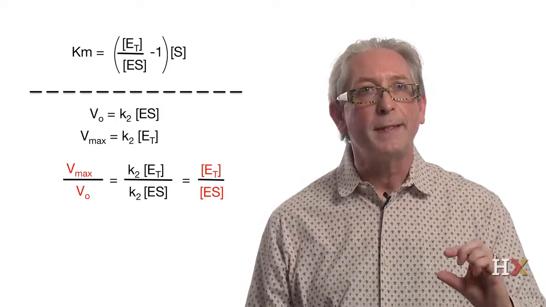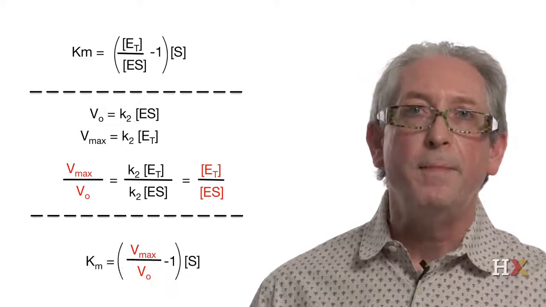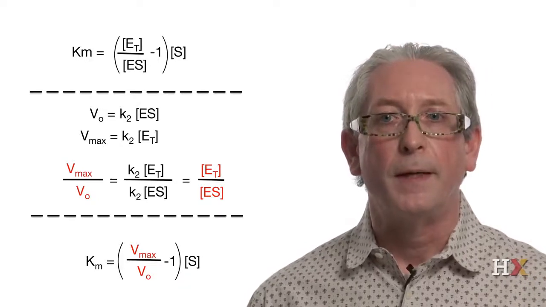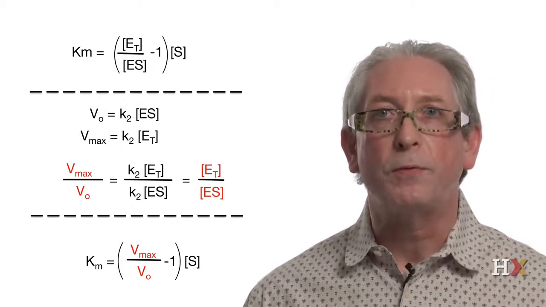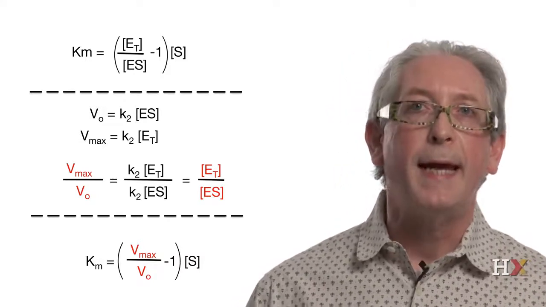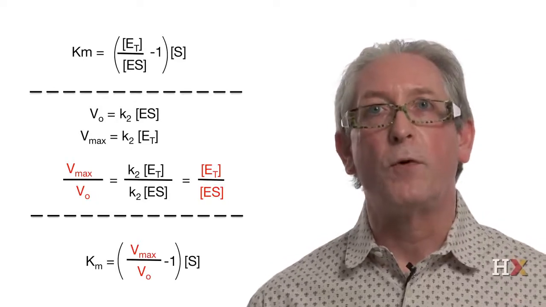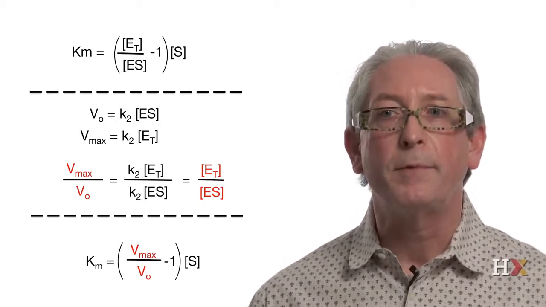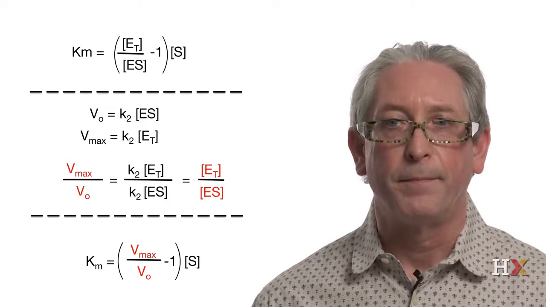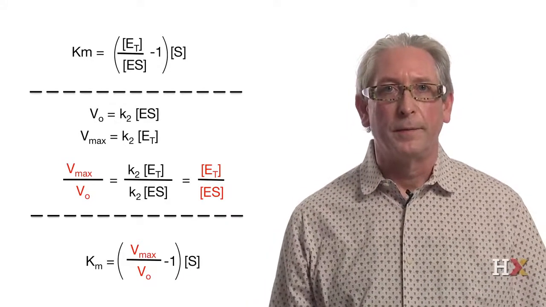So we can replace the ratio ET over ES by Vmax over V0. And when we do this replacement in the equation, we get Km equals Vmax over V0 minus 1 times the concentration of S. So we have now achieved our goal.